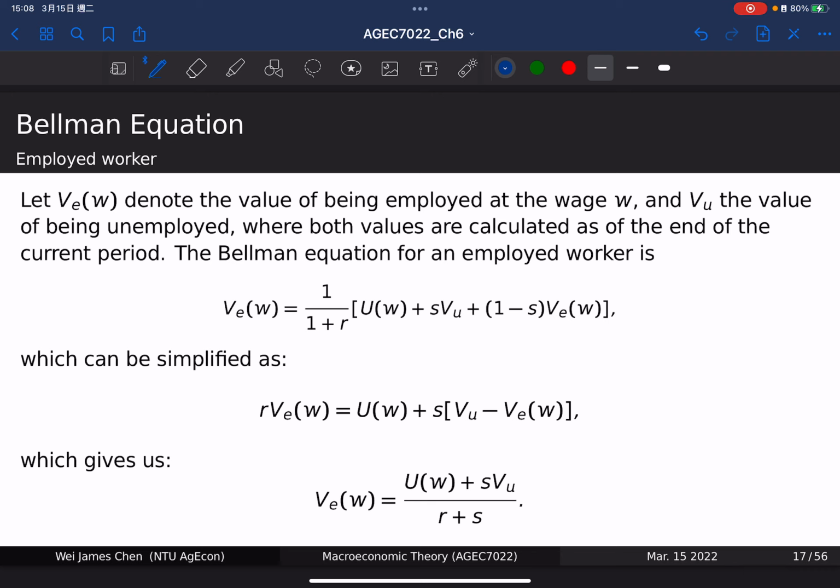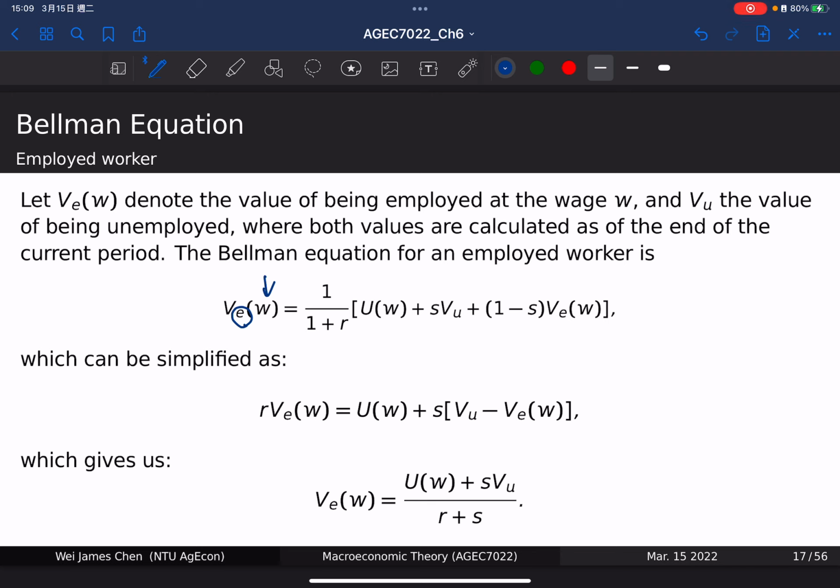We call it the value function. E means you are employed, and the input w means that for a person working with wage w, what is the value for this person?